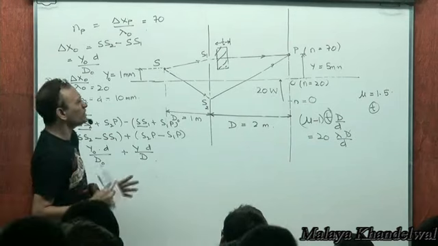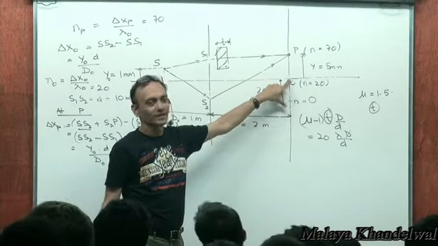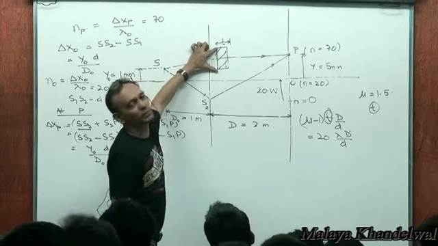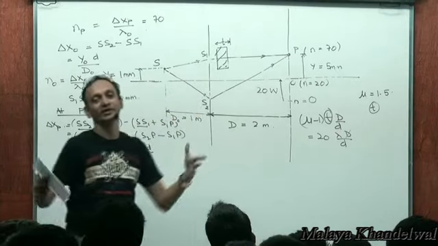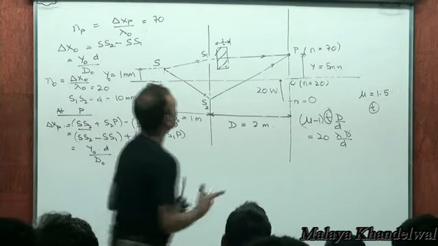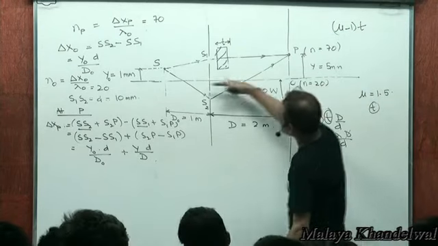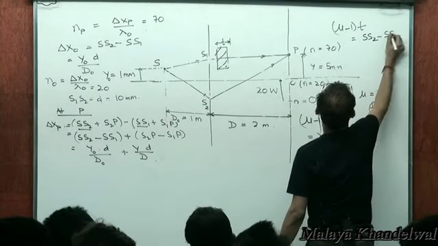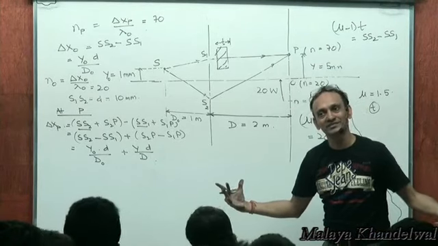Now the other thing, see, if you want a 0th order fringe here, then you just place the plate such that the additional path that this one has is annulled by the additional path that this will have. That means the additional path mu minus 1 into t must be equal to SS2 minus SS1, so that the net path on reaching O will be the same for both the waves. Yes or no? That means mu minus 1 into t takes care of this difference SS2 minus SS1, so that on reaching O, they would have traveled equal amounts of optical paths, right?